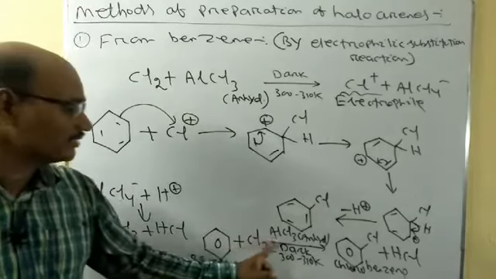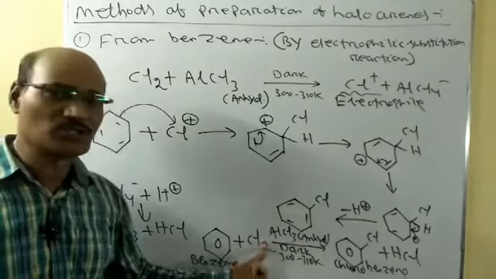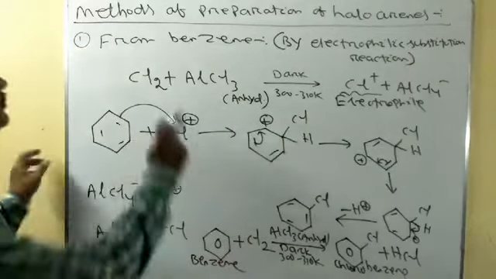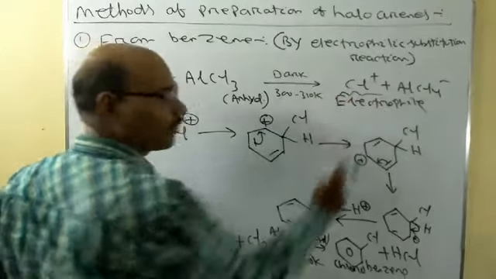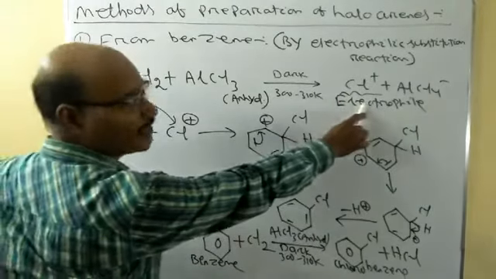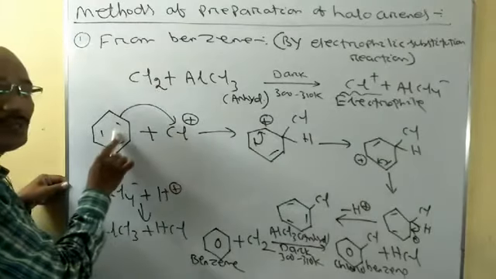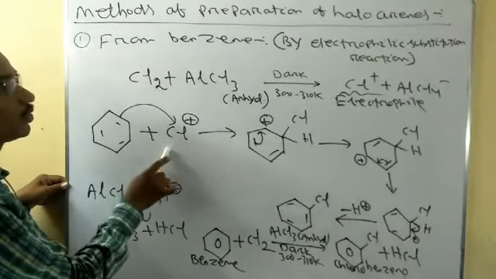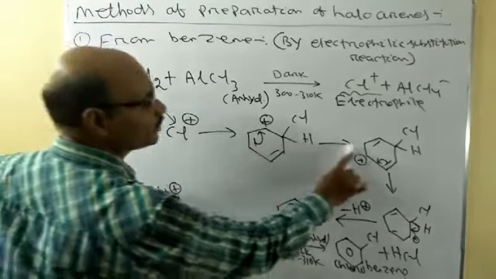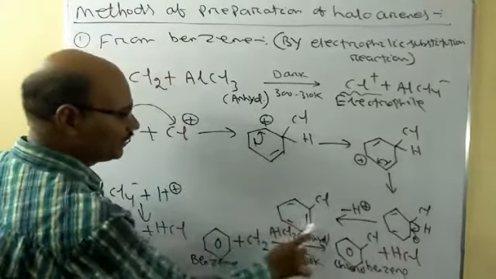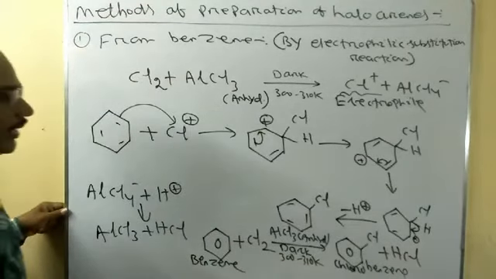Here the anhydrous AlCl3 is a Lewis acid. It acts as a halogen carrier and helps to produce the Cl+ electrophile. Once the electrophile is produced, it will be attacked by the pi bond of the benzene ring, so that we get this resonating structure, which undergoes resonance, finally to give chlorobenzene.